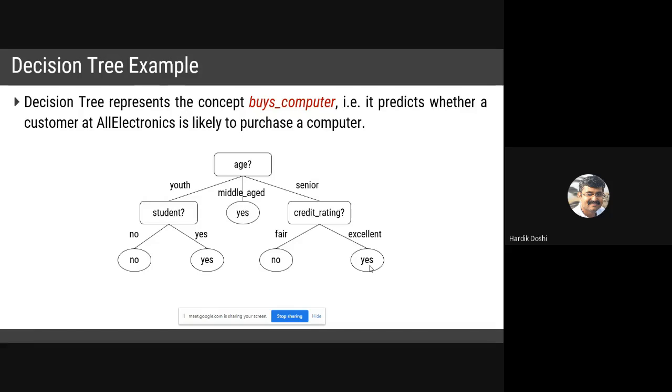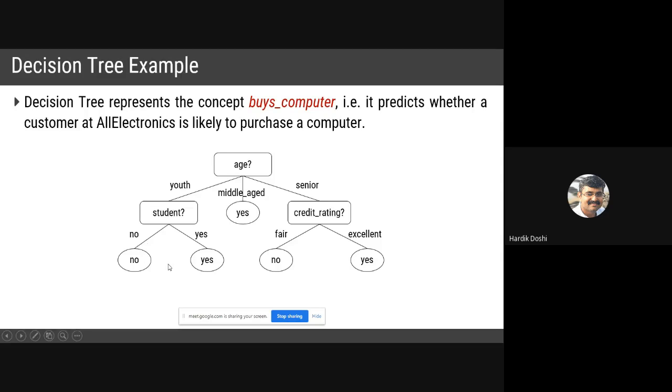Now, can anyone state what are the rules that person does not buy a computer? There are two rules. If age is youth and he is not a student, then he does not buy a computer.